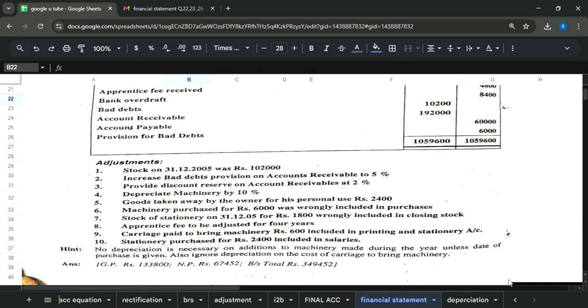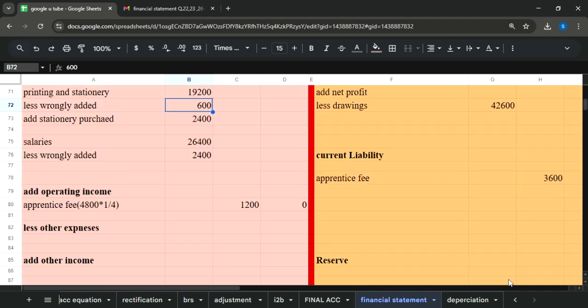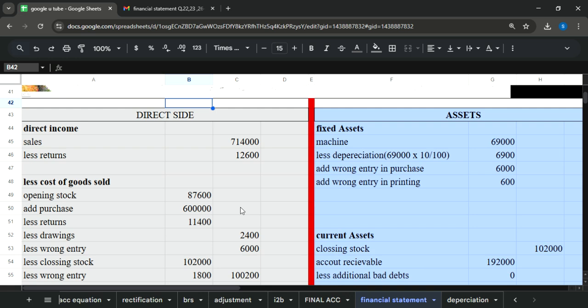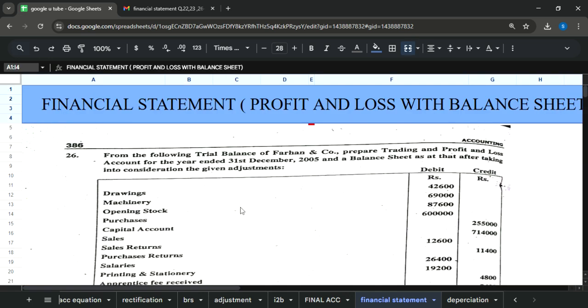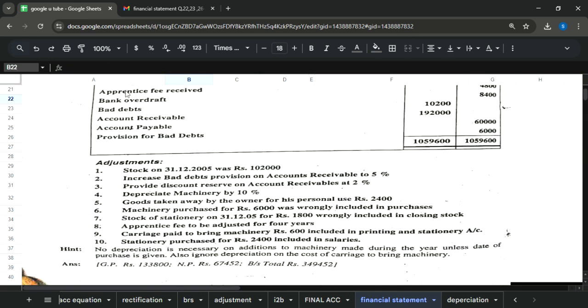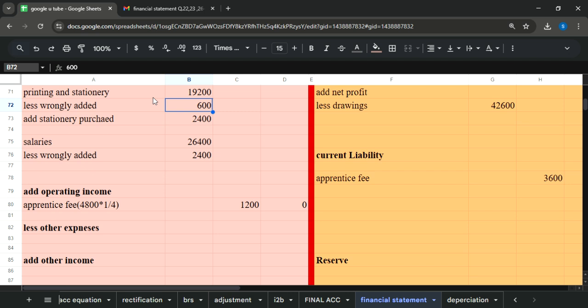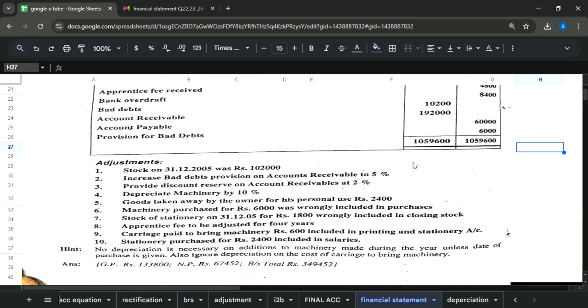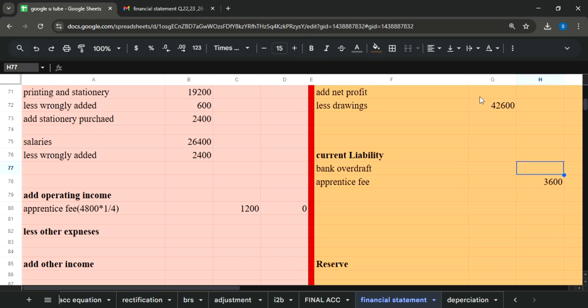I think it is adjusted. Yes, 4,800 has already been adjusted. After apprentice fees received, we have bank overdraft, which is your current liability. Here you write bank overdraft. The amount of overdraft is 8,400.